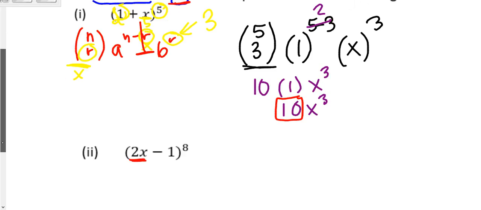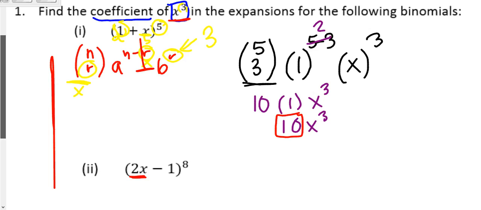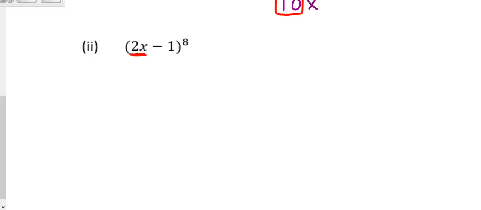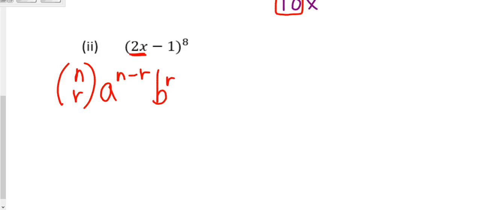So x is a. So when we are looking at n choose r, a to the n minus r, b to the r, this is the one where we are going to plug in 2x too.